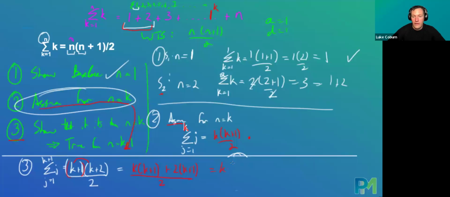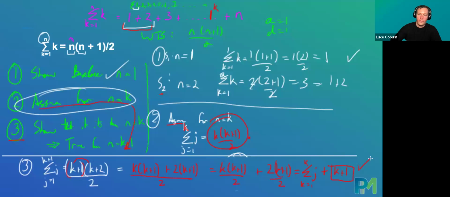Now this is k times k plus 1 over 2 plus 2 times k plus 1 over 2. And by the induction hypothesis, this thing is just the sum of j for j equal to 1 to k, and then this one here, plus the second one, which is just k plus 1.